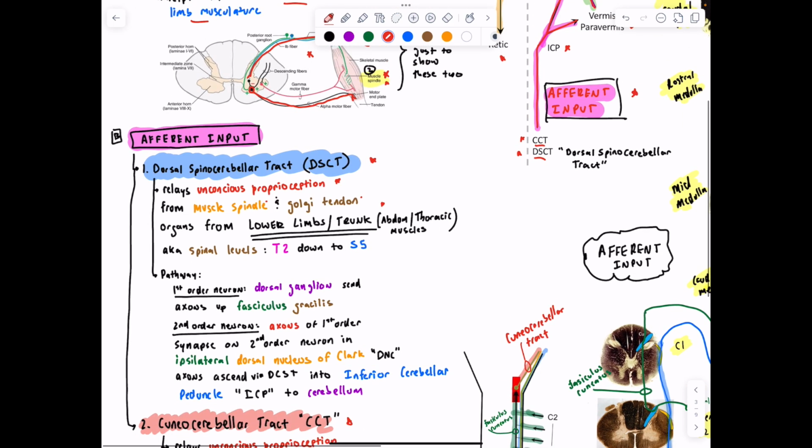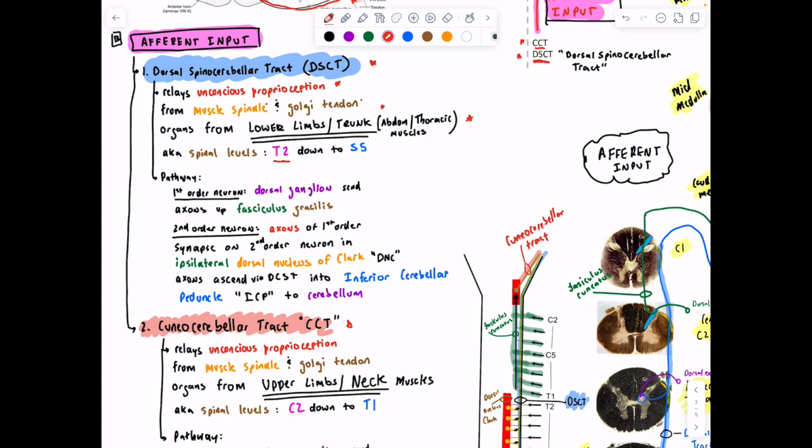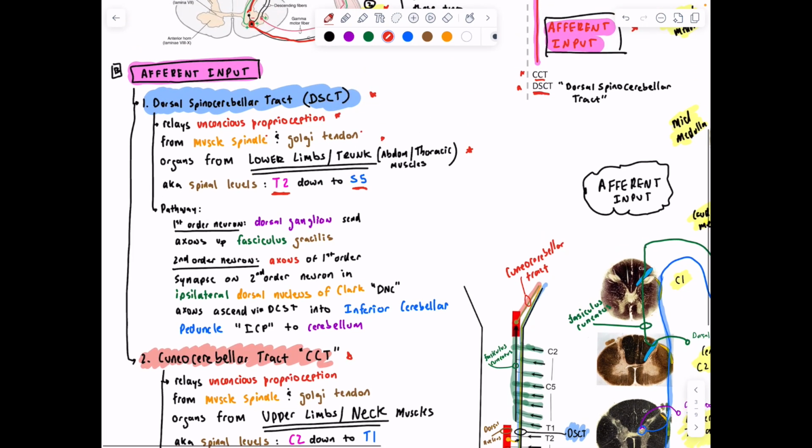So the DSCT, dorsal spinocerebellar tract, is lower limbs and trunk, from thoracic 2 down to sacral 5. Basically the pathway is this: the information is sensory, so it comes in through the dorsal root ganglion, and the dorsal root ganglion neuron sends its information up the fasciculus gracilis.